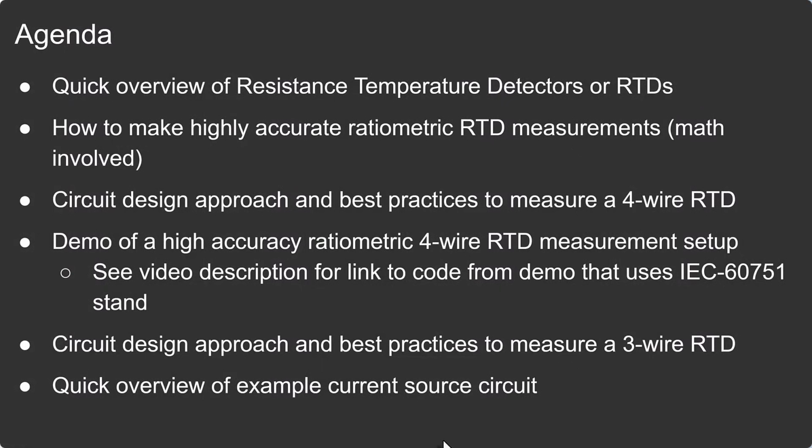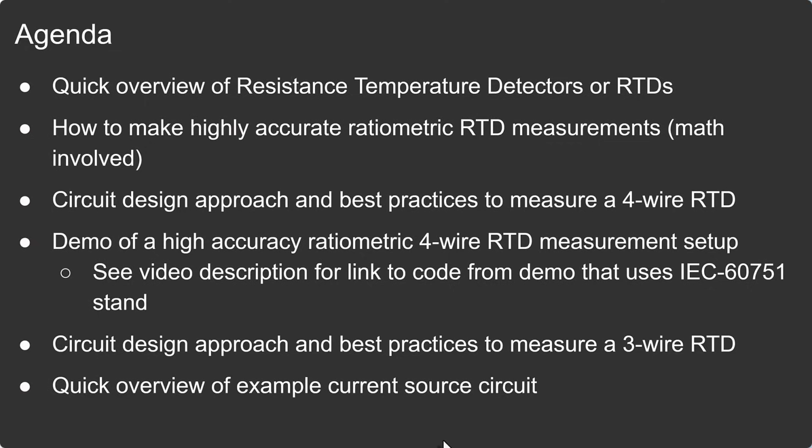Okay, we have a lot to cover in this video, and here's an agenda, an overview of what we plan to cover. First, we're going to have a real quick introduction to what resistance temperature detectors, or RTDs, are. Then we're going to talk about how to make highly accurate ratiometric RTD measurements. And we're going to show the math behind what makes a measurement ratiometric and what its benefits are. Then we're going to dive more into circuit configurations, especially one for a 4-wire RTD.